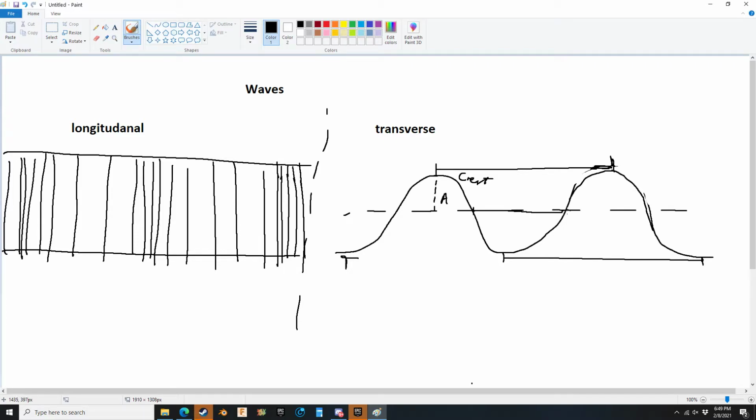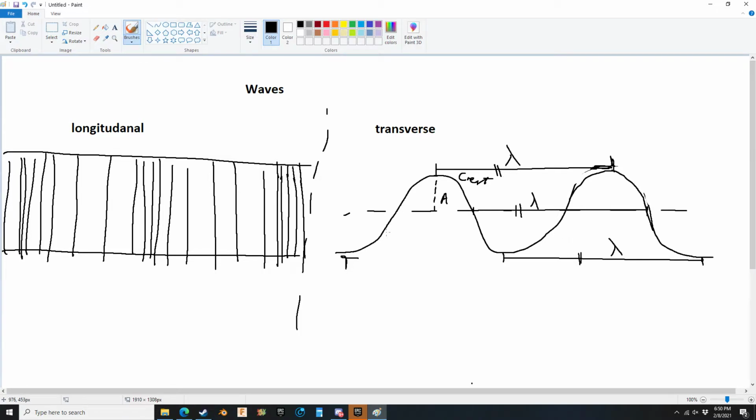Don't stop here. This is wrong. That's not one wavelength. One wavelength would be here, and this would all be one wavelength, measured in lambda. These are all the same. Don't worry about where you measure them as long as you're measuring them properly.